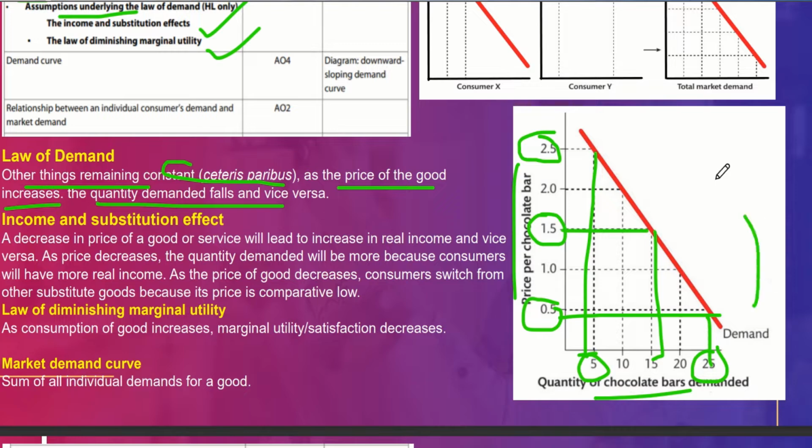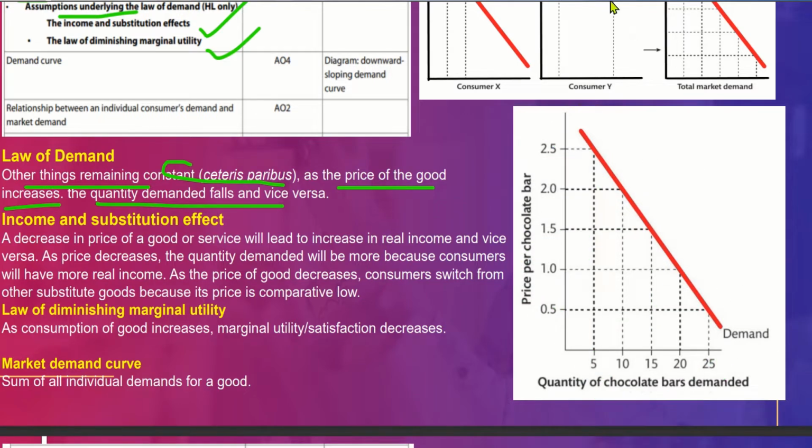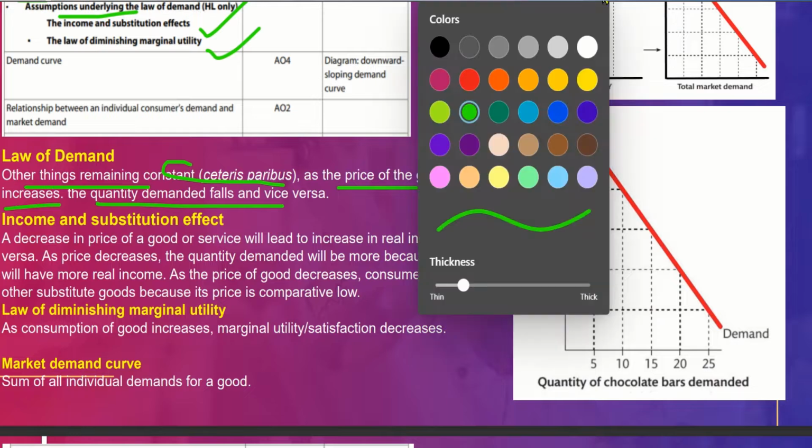Similarly, moving the opposite way, when the price is 0.5, the quantity demanded is 25, and when the price increases from 0.5 to 1.5, the quantity demanded changes from 25 to 15. And when it increases from 1.5 to 2.5, the quantity demanded changes from 15 to 5. This is said to be a downward sloping demand curve, a decreasing demand curve, right?